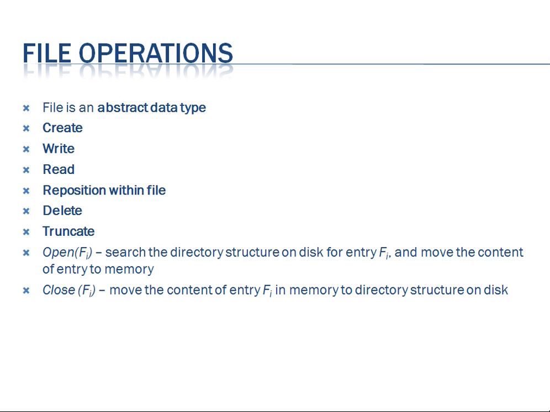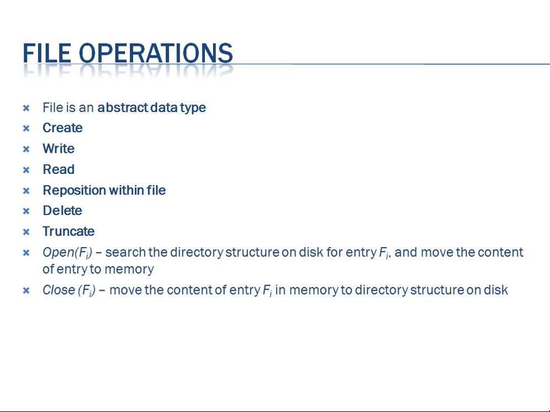Let us see file operations. A file is an abstract data type. We can have various operations over the file, such as creating a file, writing to the file, reading from the file, and repositioning within the file.